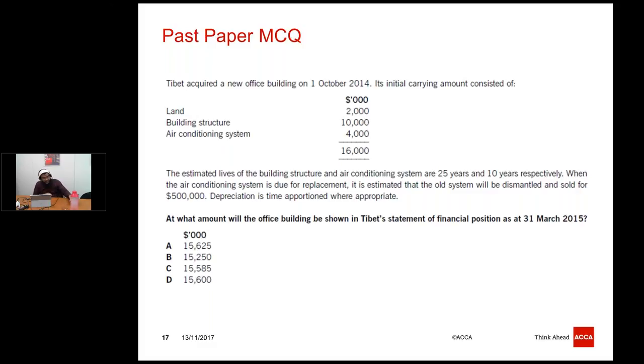Read the question, go through this, and then tell me the answer that you think is correct. Okay, Bilal Tariq is saying B. What about the others?